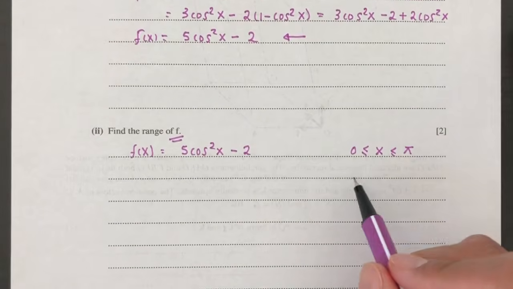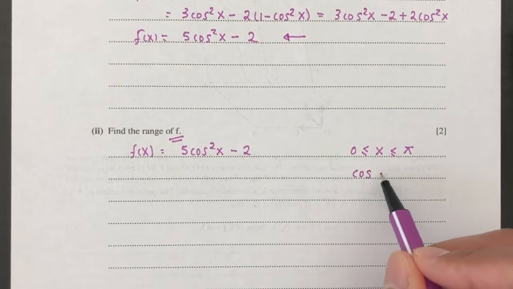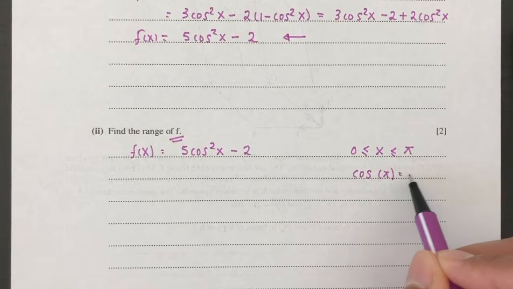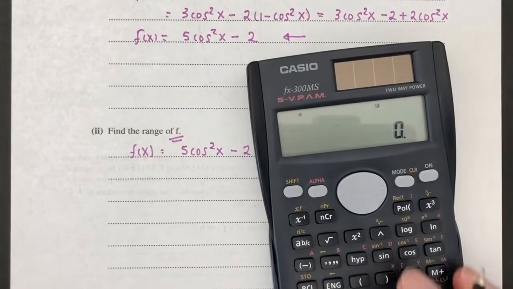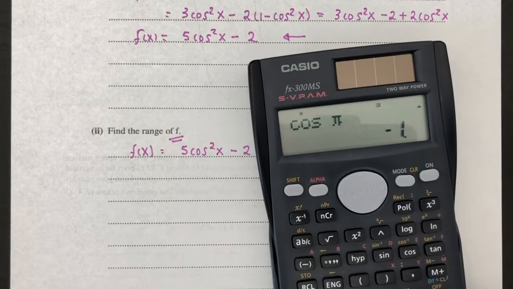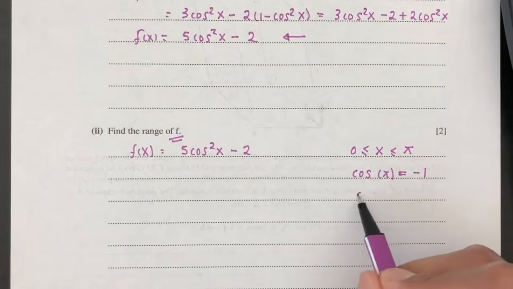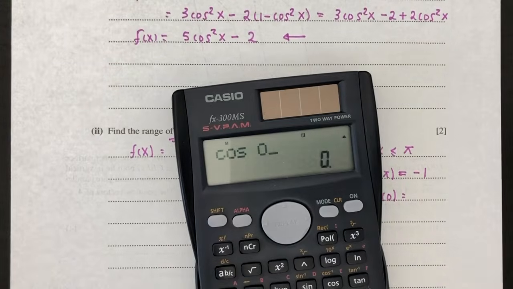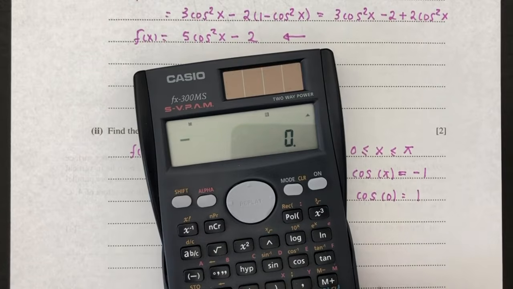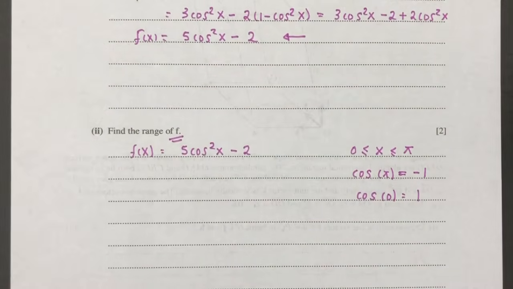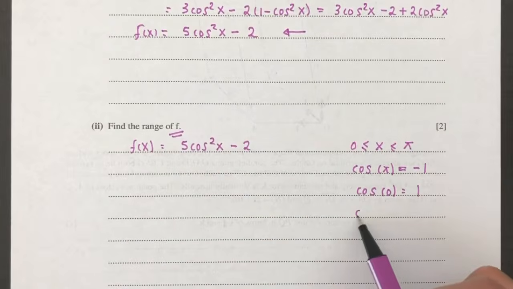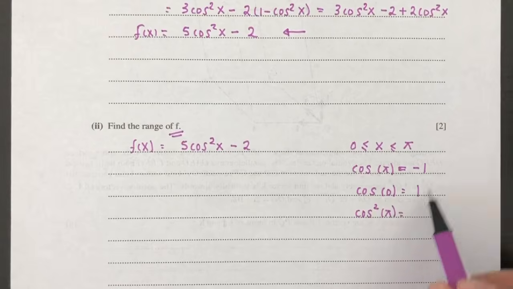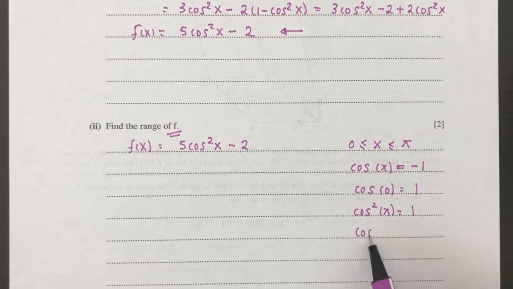Now one thing you should know is that cos of pi is equal to minus 1, and cos of 0 is equal to 1. But here we have cos square. So cos square pi will be 1, and cos square 0 will also be 1.